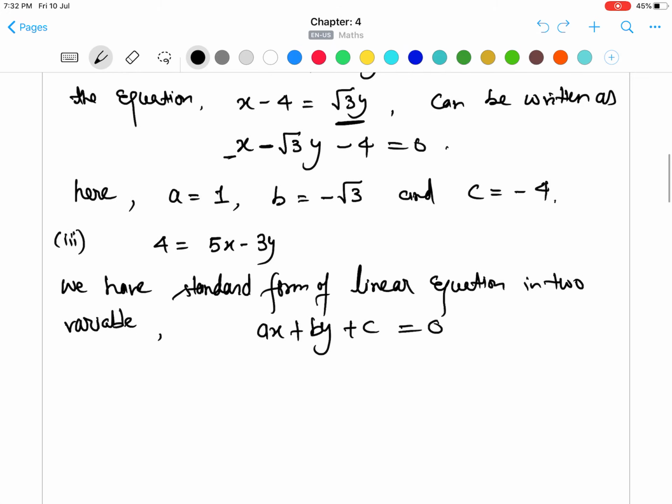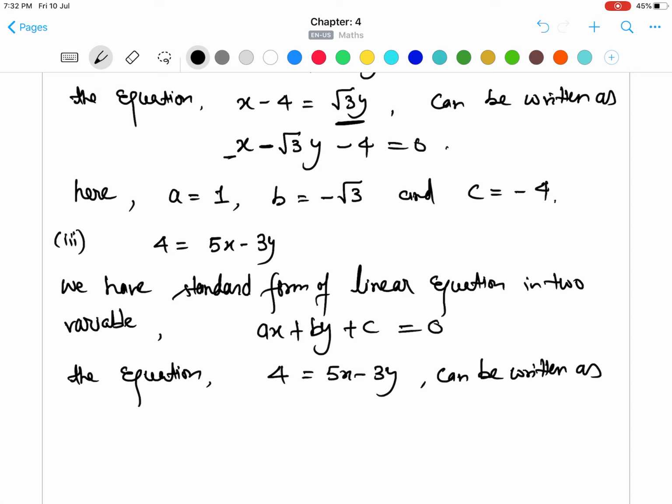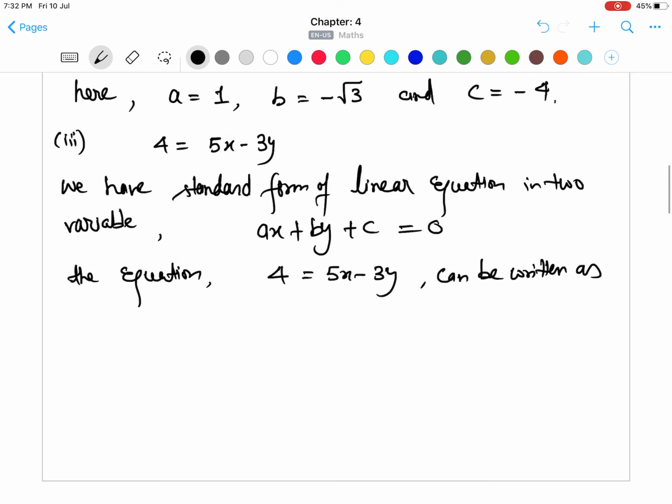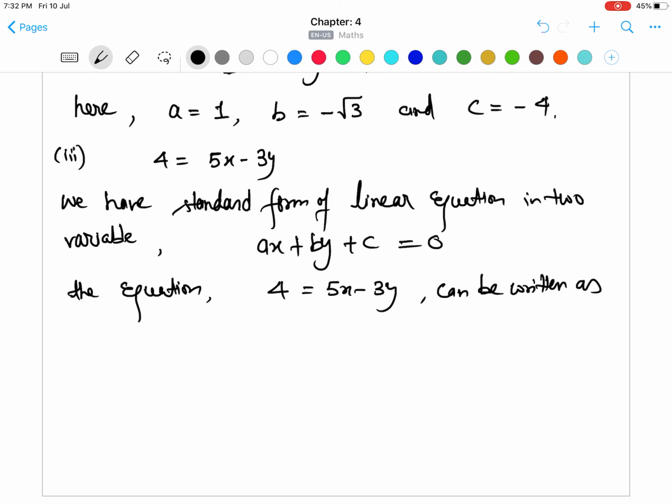So now we'll write the equation. The given equation 4 equals 5x minus 3y can be written as, we'll shift all the terms onto one side of the equality. So we have 5x minus 3y, and when you shift this 4 onto the other side, it will be minus 4 equal to 0.